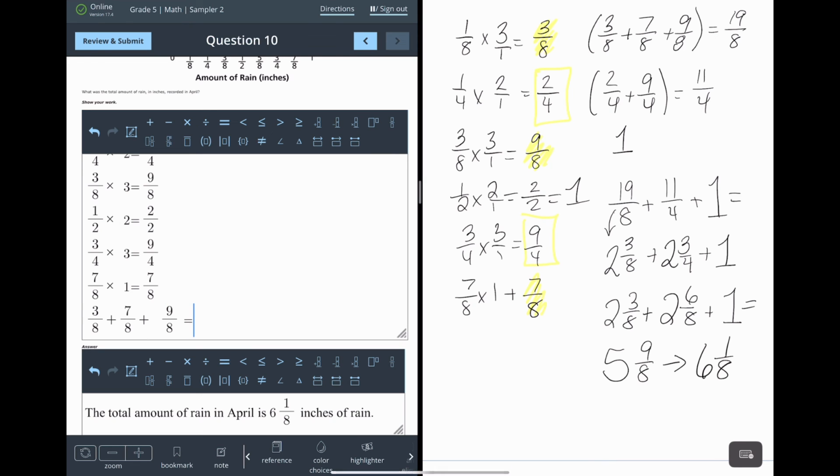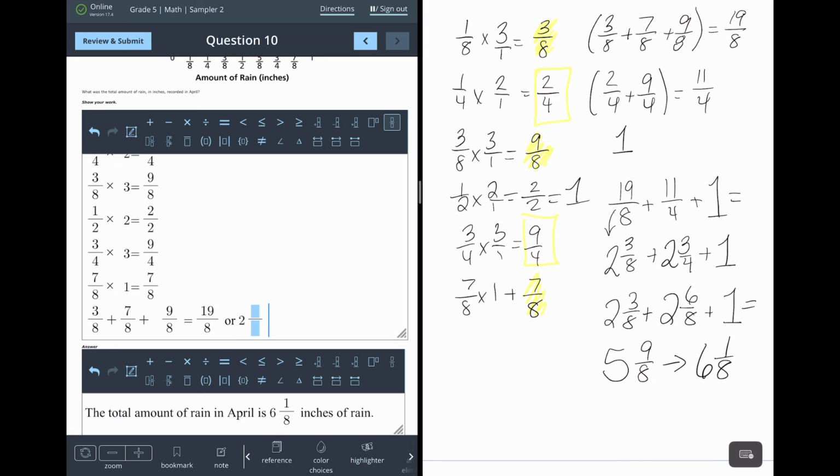Is equal to 19/8. Or, and this is where we can start simplifying, right? Because we already did this part. We know that 19/8, we did this already, was equal to 2 3/8.